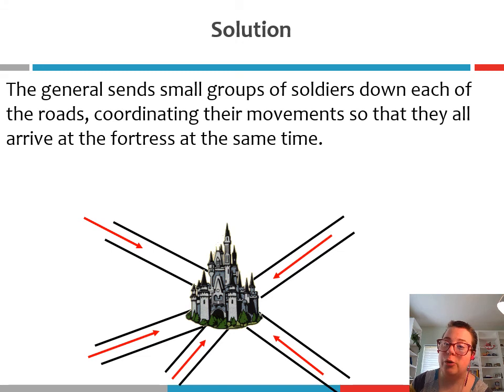So just like we're using small intensity rays to converge upon the center of the tumor, we're sending small groups of soldiers to converge upon the fortress. Right? And when participants were given this problem beforehand, that number of 10% increased to 30%.